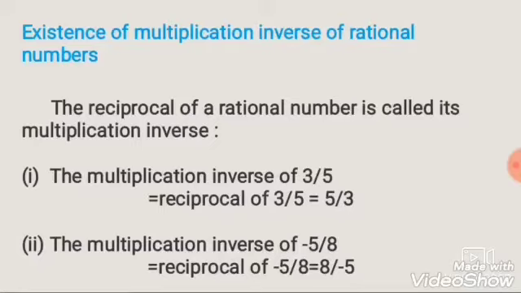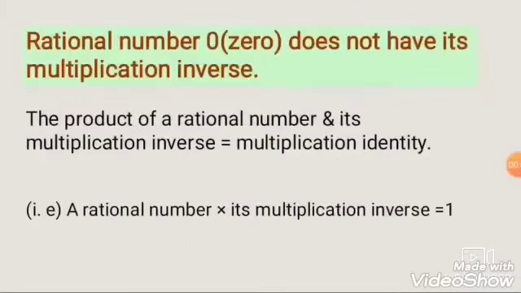Similarly, the multiplication inverse of minus 5 by 8 is equal to the reciprocal of minus 5 by 8, which is 8 by minus 5. We already know that 0 is a rational number.